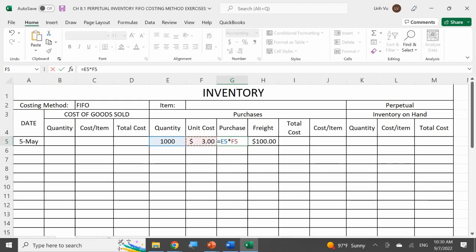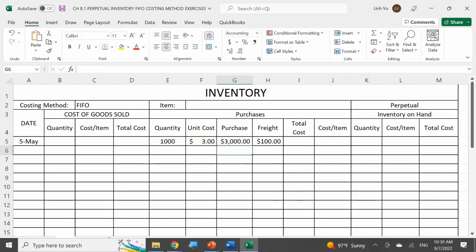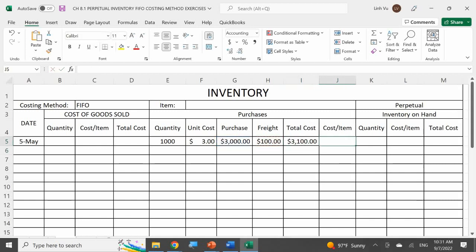Quantity times unit. So it's $3,000. Good. Okay. Plus freight of $100 is going to give me a total cost of $3,100. Okay. So now I need to solve for my cost per item because I am working with FIFO.